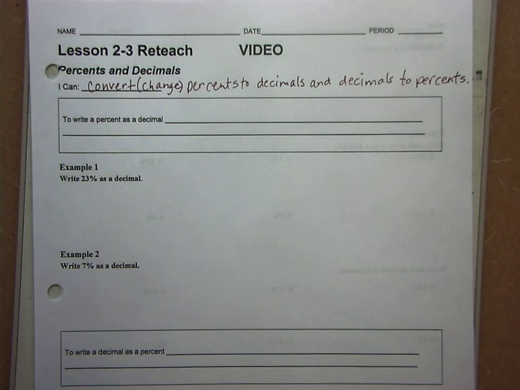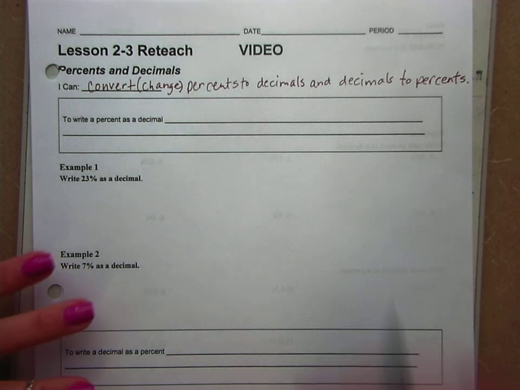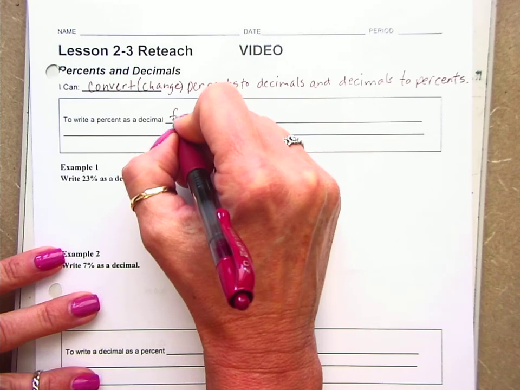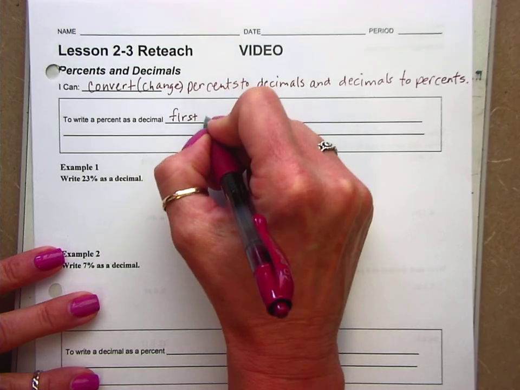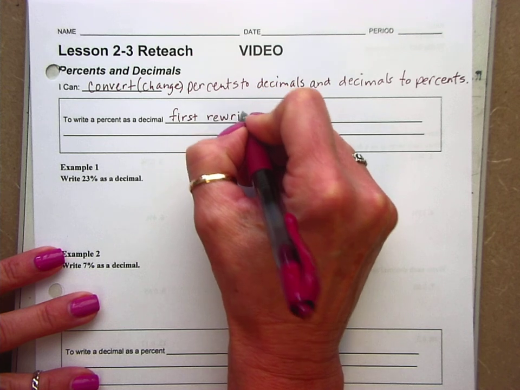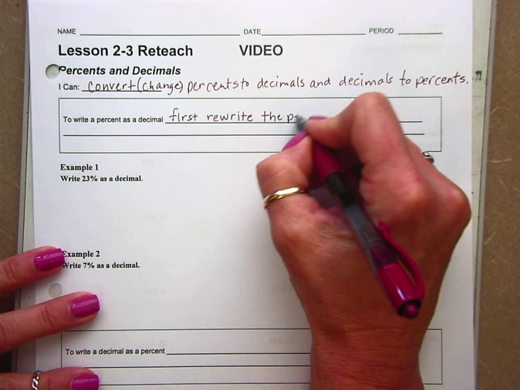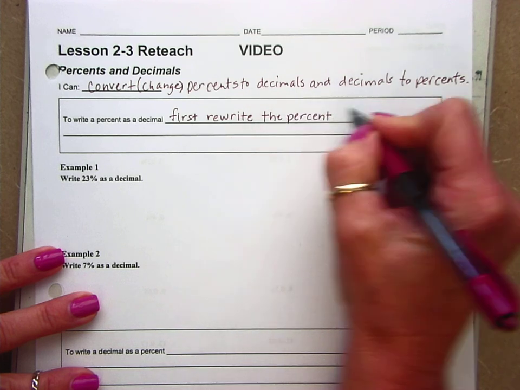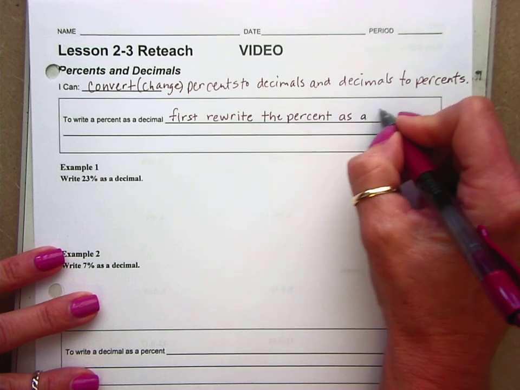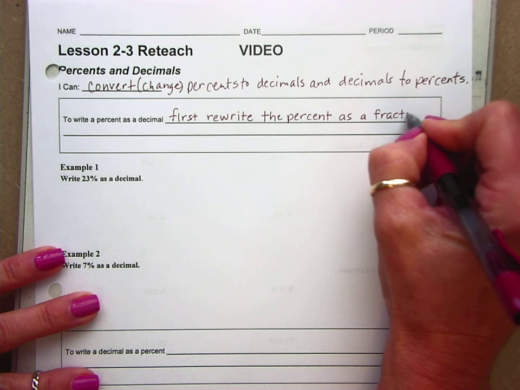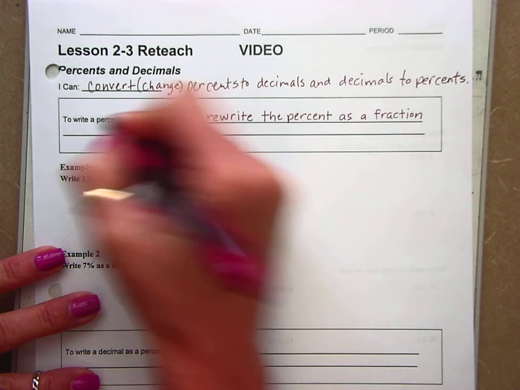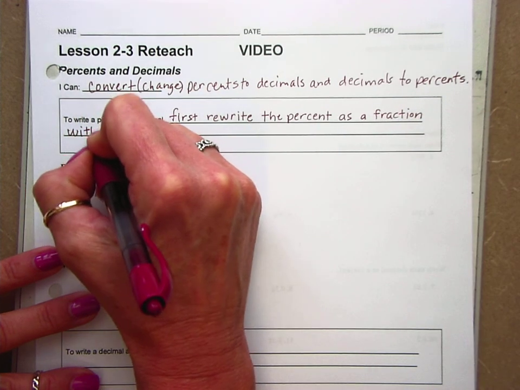So in order to write a percent as a decimal, you have to first rewrite the percent as a fraction with a denominator of 100.